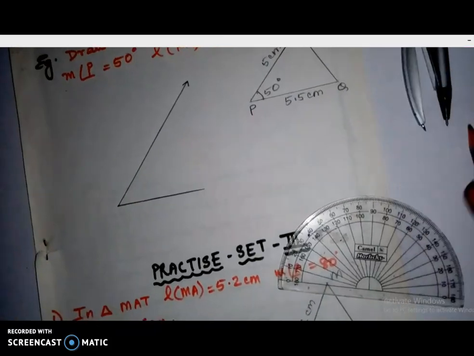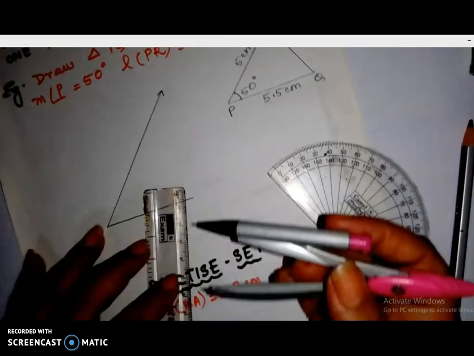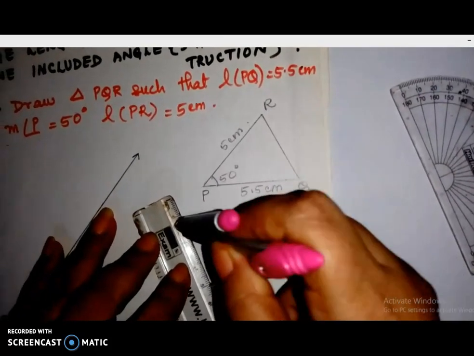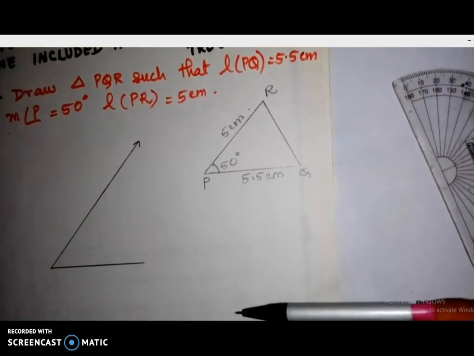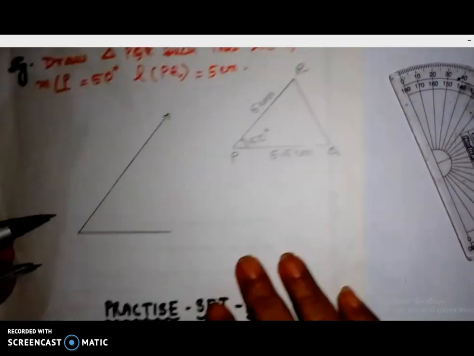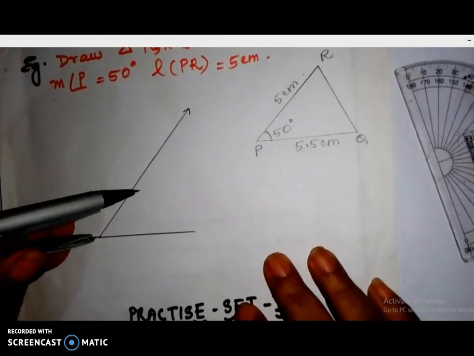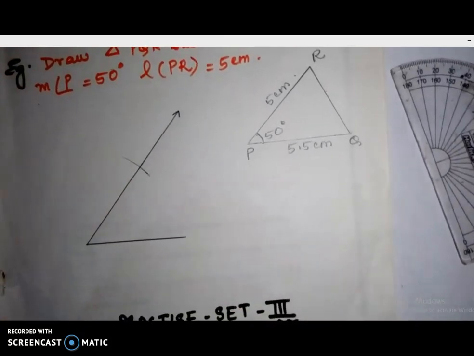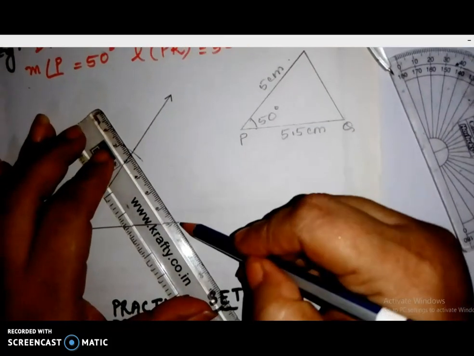Now the next side is 5 centimeter. So with the help of the compass we will measure 5 centimeter. And now keeping the pointer of the compass here, we will strike off an arc of 5 centimeter and then join this side.